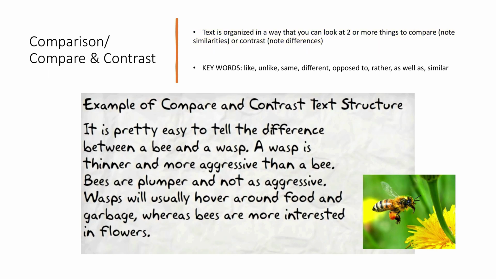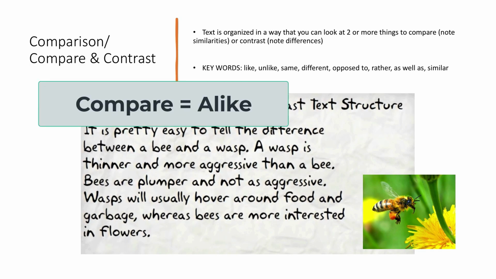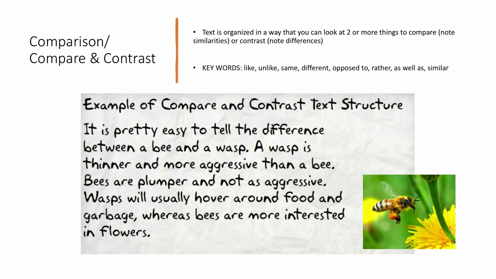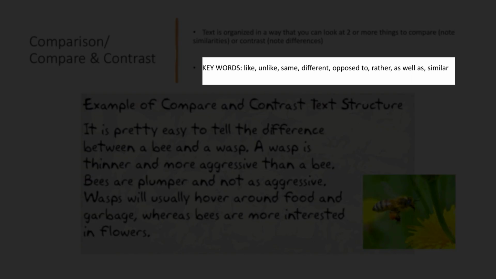So the text is organized in a way that you can look at 2 or more things to compare, again, how they're similar, or to contrast, how they're different. Keywords that will give you a clue that this is a comparison or compare and contrast text structure. They'll use words like unlike, same, different, opposed to, rather, as well as, or similar.